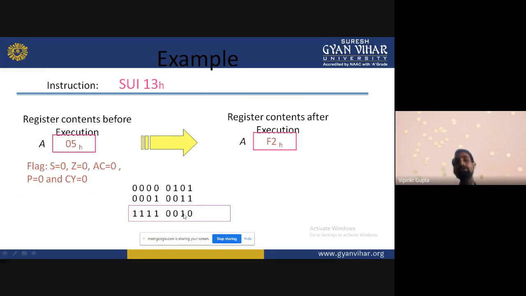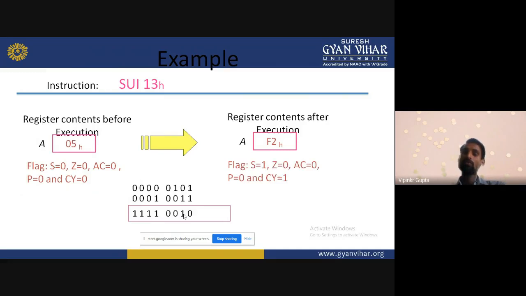So we are writing the one program: MVI A, 05H, SUI 13H, HLT. Then what is the result? F2H. This result will be stored into the accumulator, because in an arithmetic operation it performs the operation and the result is stored into the accumulator.